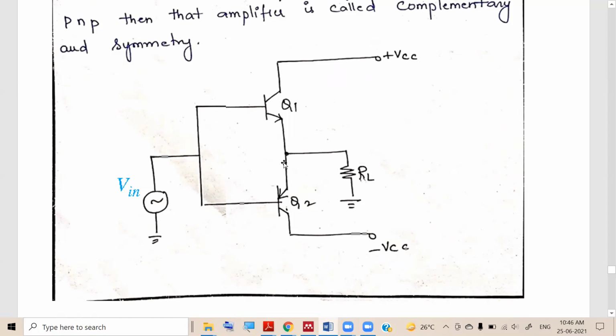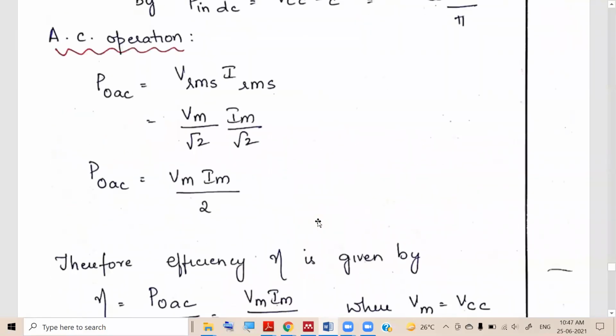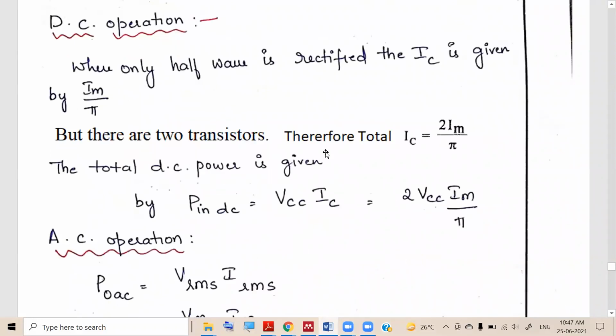Okay. So anyway, the total current drawn from the DC source will be Im by pi plus Im by pi, 2 Im by pi. So the total current drawn from the DC sources will be 2 Im by pi, right?